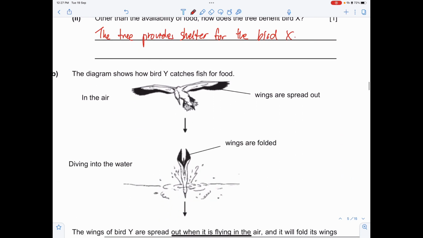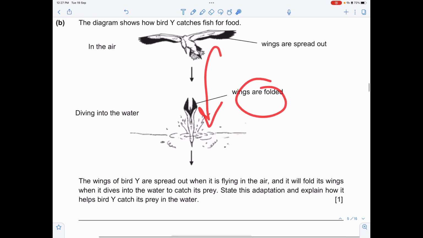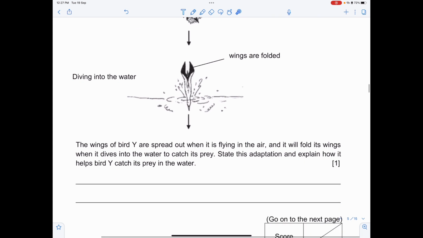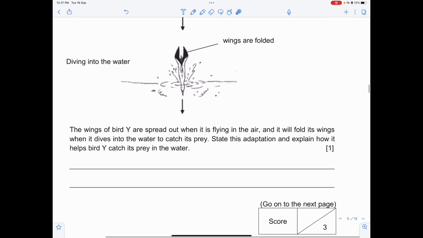Next. Now the diagram shows how bird Y catches fish for food. It swoops down. Wings are folded. The wings of bird Y are spread out when it's flying. It will fold its wings when it dives in the water. State this adaptation and explain how it helps bird Y catch its prey in the water. So basically this one is talking about streamlined body shape.